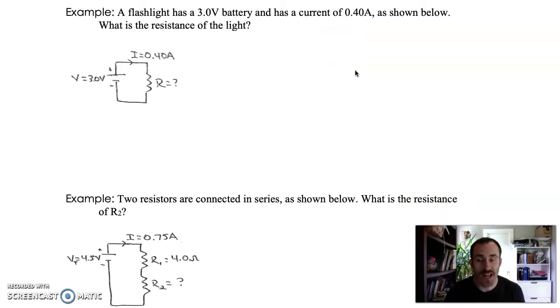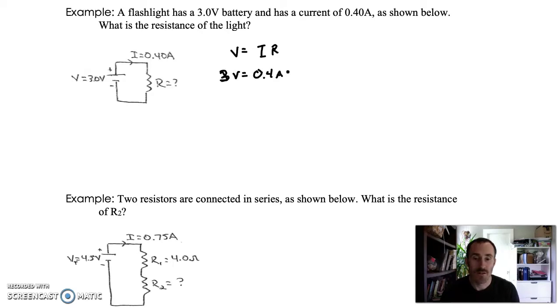A flashlight has a 3-volt battery and has a current of 0.4 amps as shown below. What is the resistance of the light? So we can use Ohm's law to calculate all sorts of things like this. Voltage equals current times resistance. So it tells us that the voltage is 3 volts, and the current is 0.4 amps.